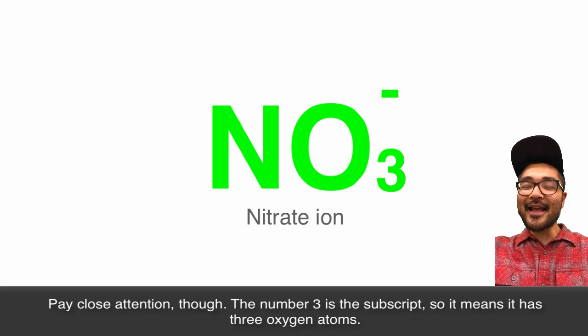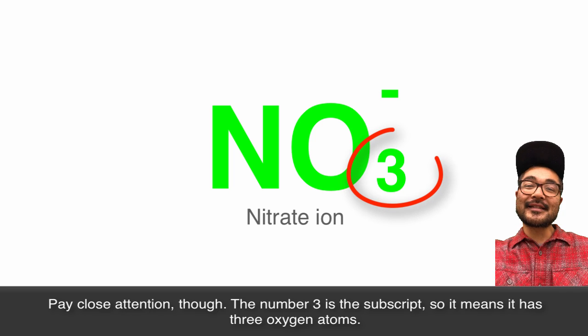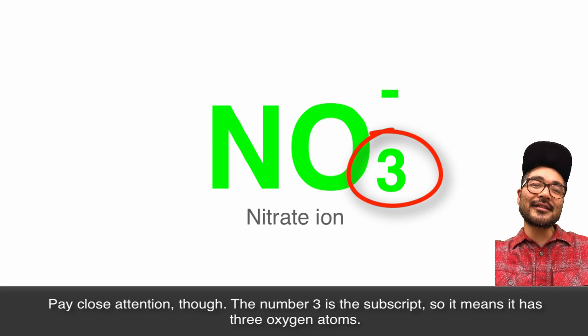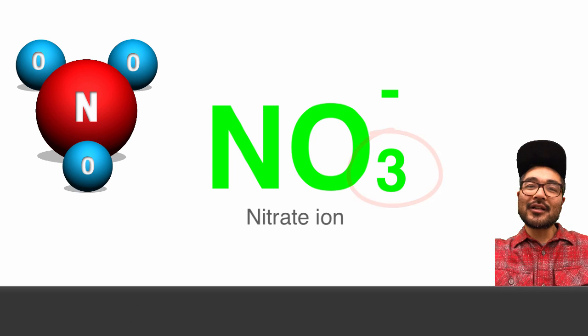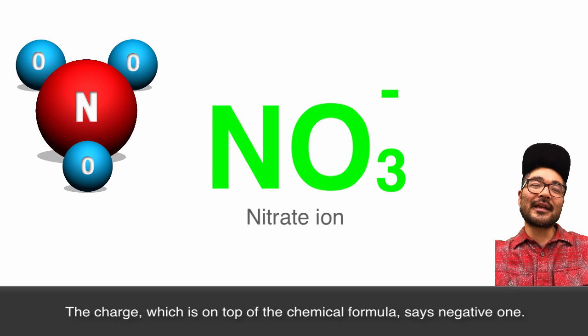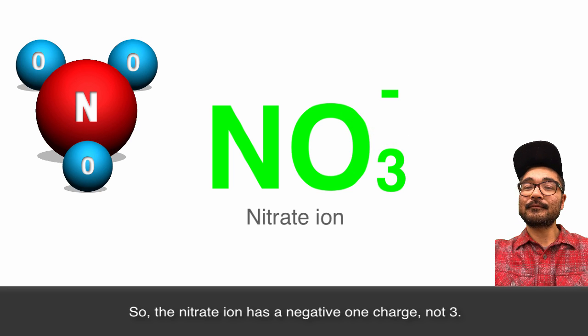Pay close attention though. The number 3 is the subscript, so it means it has 3 oxygen atoms, but it's not that the ion has a negative 3 charge. The charge, which is on top of the chemical formula, says negative 1. So the nitrate ion has a negative 1 charge, not 3.